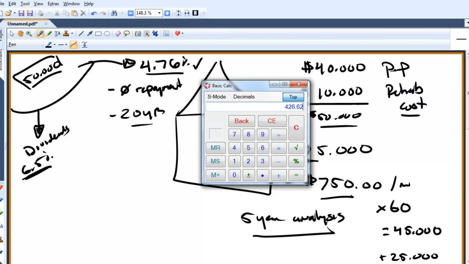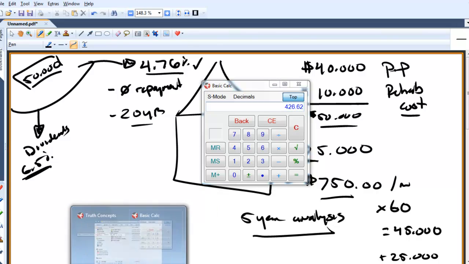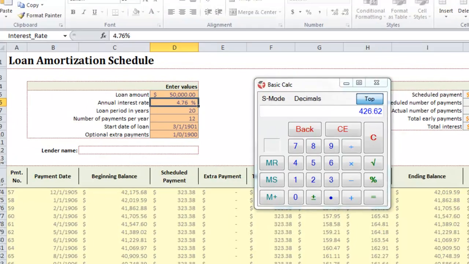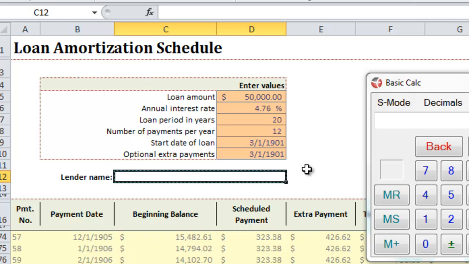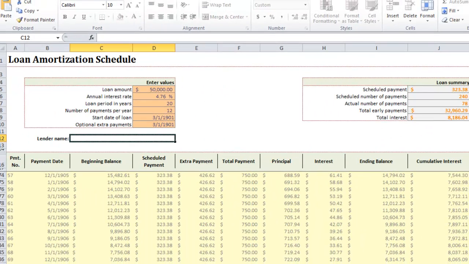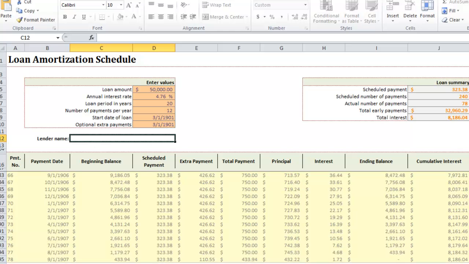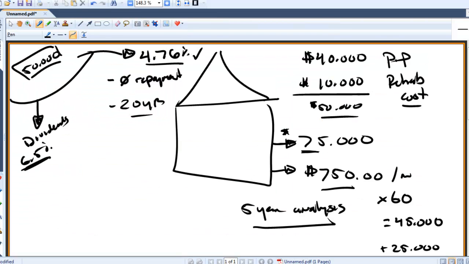Okay, so that's $426.62. All right, so what we see here is that at the 5-year mark, the balance of this loan is paid down to $12,711.